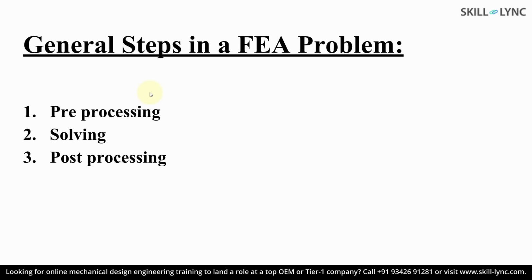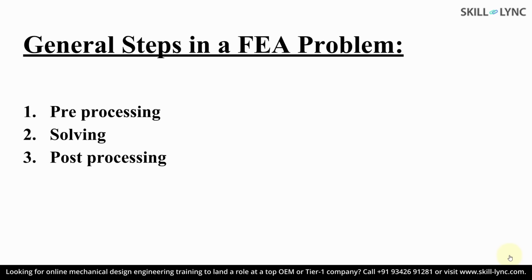Any FEA problem involves three major steps. The first one is pre-processing, the second is solving, and the final part is post-processing. In the pre-processing step, we define the material properties for the model and then discretize the whole model into small elements. This process is called meshing. After meshing the model, we define the loads and constraints for the solver to proceed with the solution.